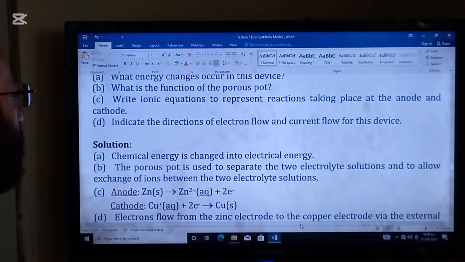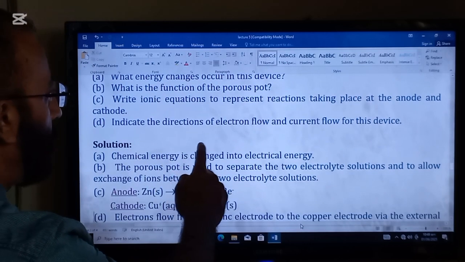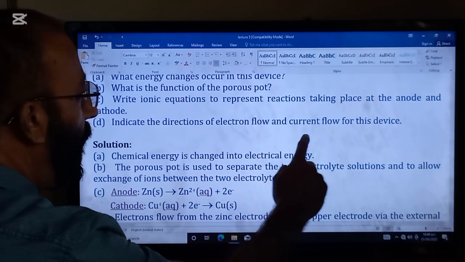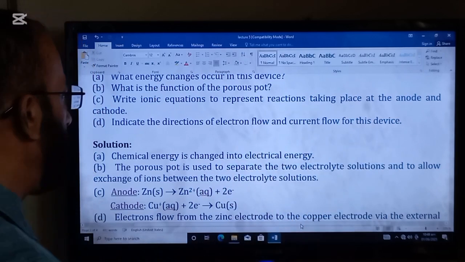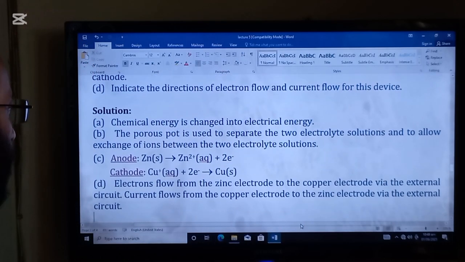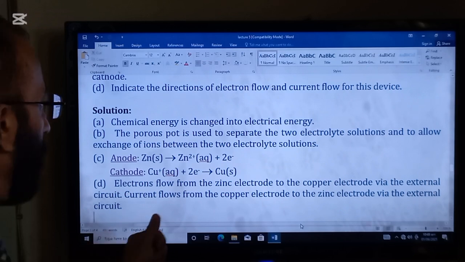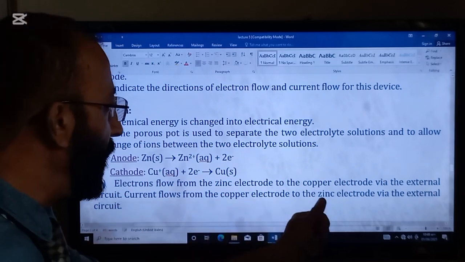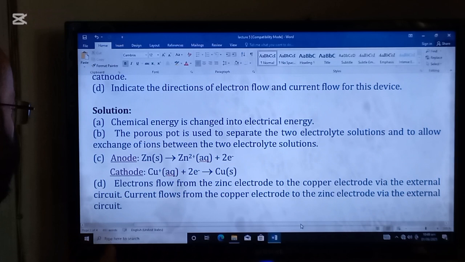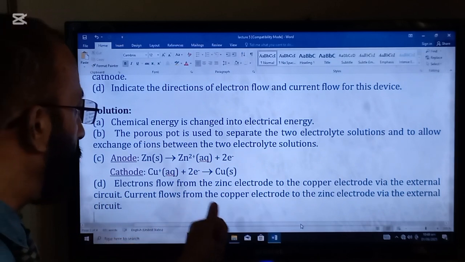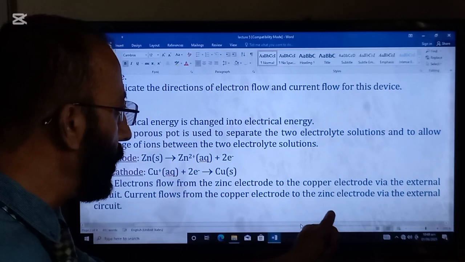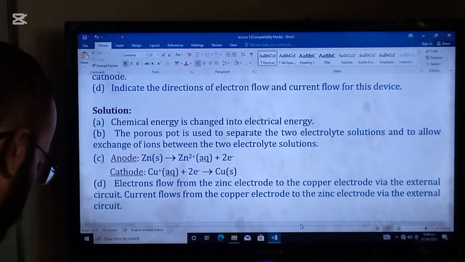And the last part is, indicate the directions of the electron flow and current flow from this device. Electrons flow from zinc electrode to copper electrode via the external circuit. Current flows from the copper electrode to the zinc electrode via the external circuit.